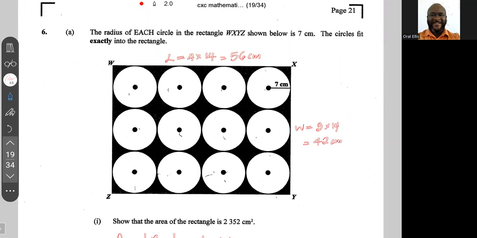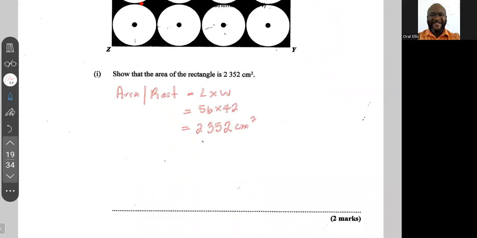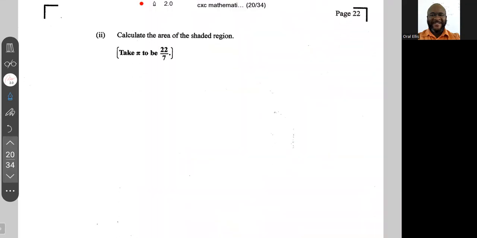They didn't give us a value for pi, so we'll use our own value for pi. Yes, they did. They gave us a value for pi. So the area of the shaded region is equal to the area of the rectangle minus the area of 12 circles. This we already know: 2,352 minus 12 times pi r squared.